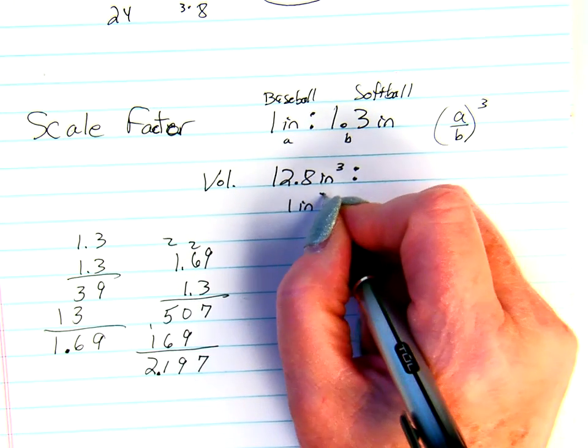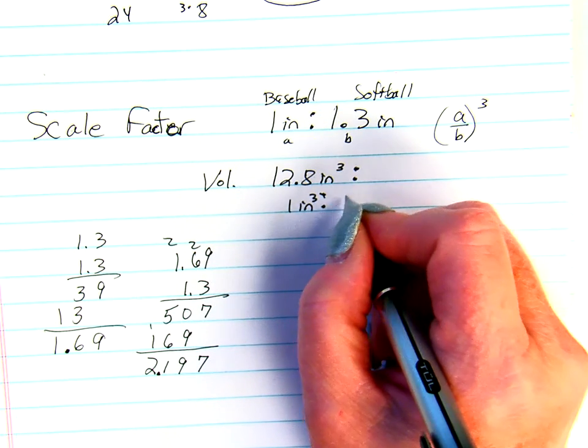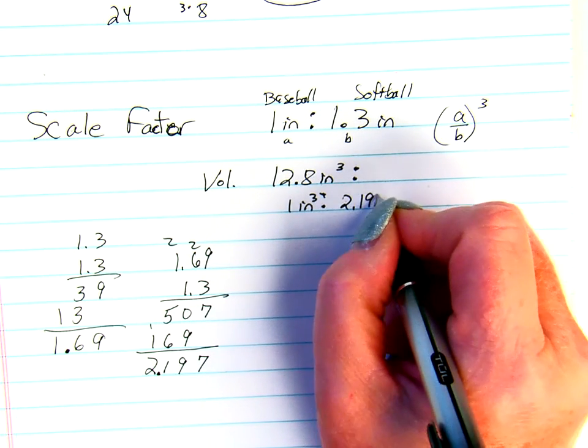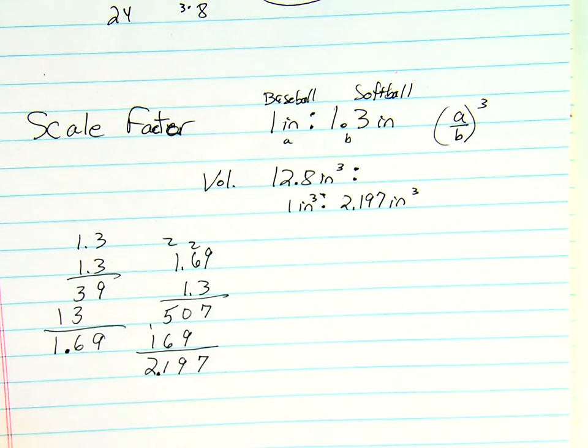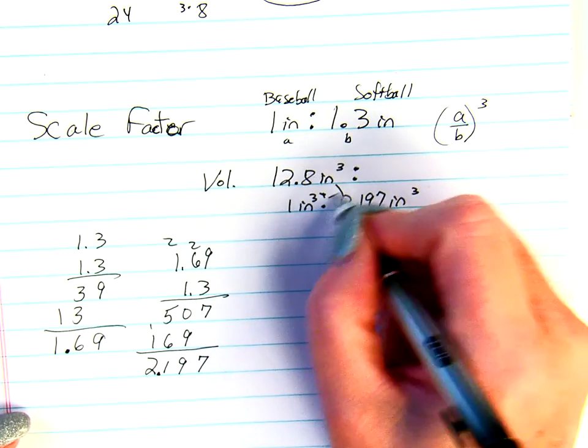So this is 1 inch cubed to 2.197 inches cubed, and so I'm going to cross multiply.